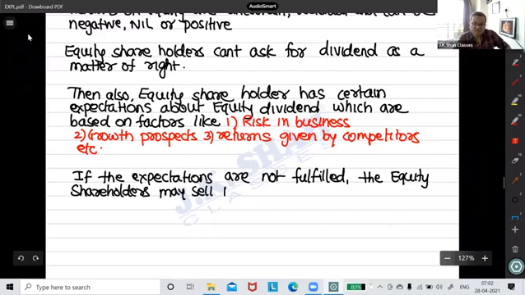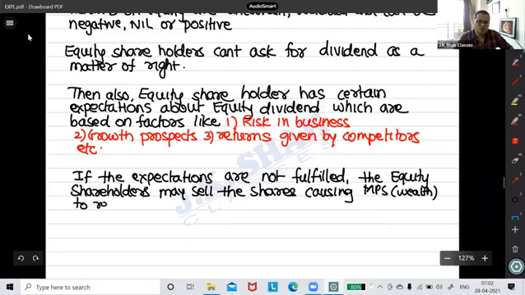May sell the shares, causing MPS (market price per share, or wealth) to reduce. Right? Do you agree with this?